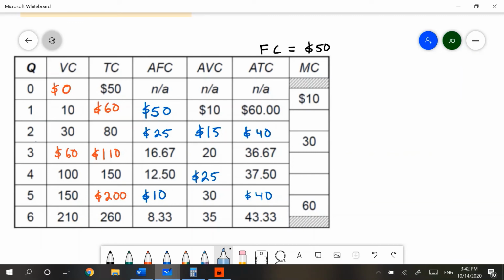Now, let's practice our marginal cost formula. Marginal cost is equal to the change in total cost divided by the change in quantity. Notice that in this example, my quantities are increasing by 1. So I don't really have to worry about the bottom part of this equation. All I have to do is get the difference in cost from unit to unit.